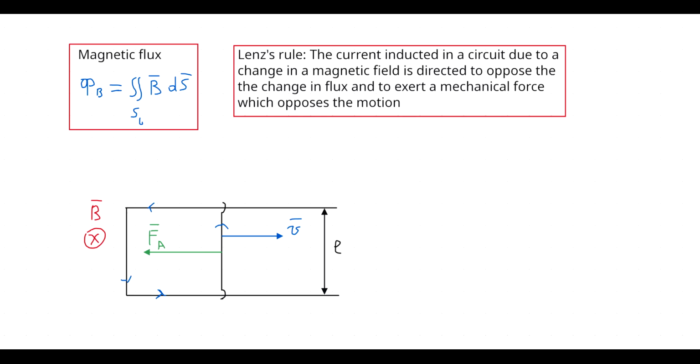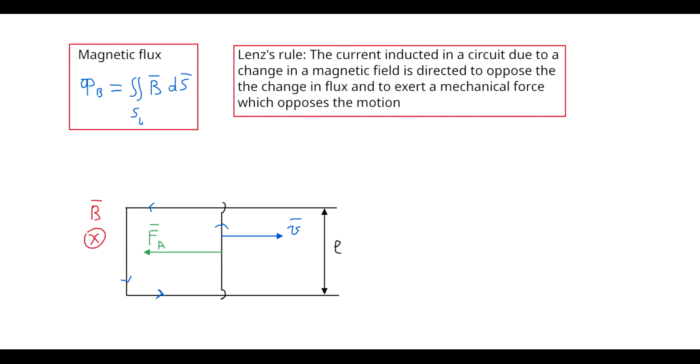Okay, and now we know this direction, and we may try to calculate Lorentz force that is a result of this velocity.